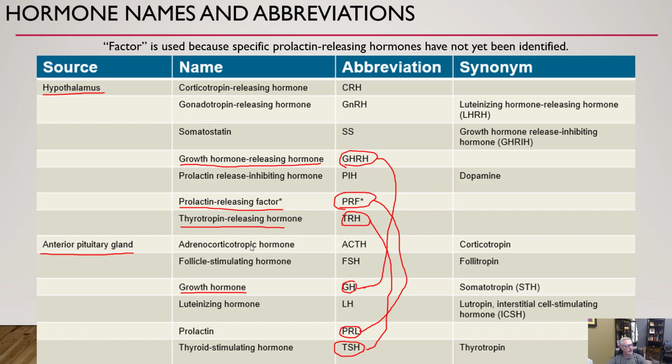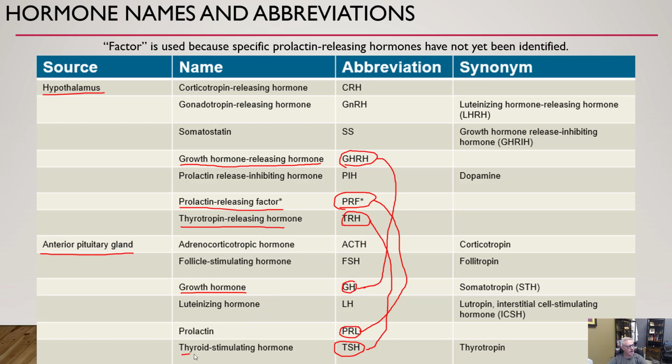Now, once the anterior pituitary releases these hormones, which are tropic hormones, they cause another gland to release its hormones. These hormones are going to act on another gland.